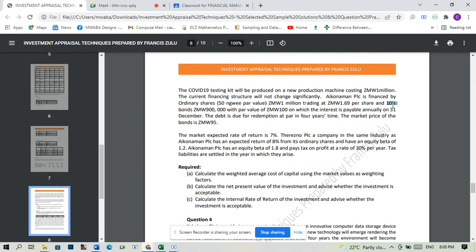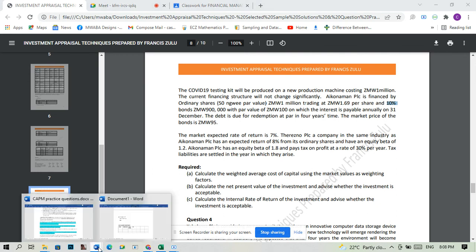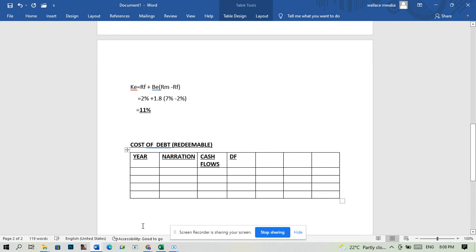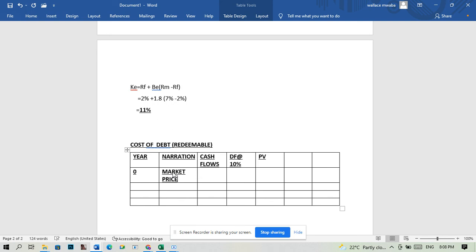So the discount factor rate we're going to use is 10%. We have present value. So we're going to say year zero, market price of debt, meaning that we've paid. And remember, the market price of the debt was 95 kwacha.